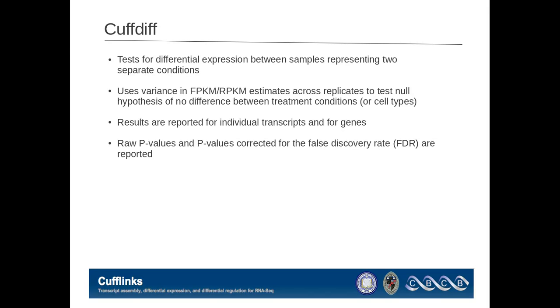So Cuffdiff will give you p-values for each individual gene model, or you could just report a single p-value for an entire gene and ignore the finer level of analysis of each individual isoform. Cuffdiff does a number of things which we'll be exploring next week, including reporting the raw p-values and the p-values that are corrected for the false discovery rate.